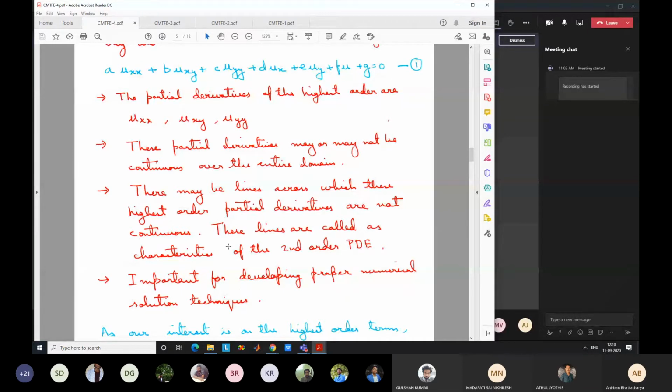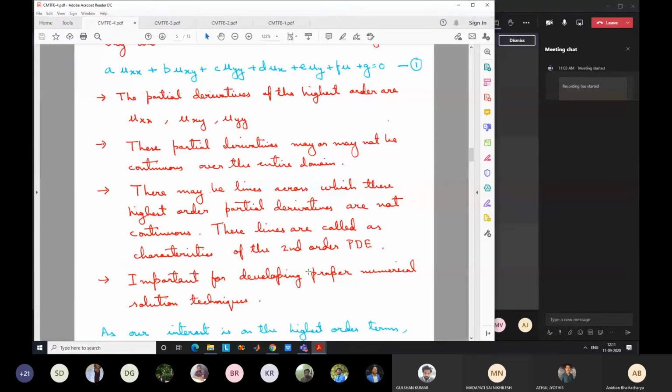The solution of the highest order derivative does not exist at those points. If we join them, these are lines where it is not continuous, and we are going to call them characteristic lines. These are very important for developing, as I was discussing, a proper numerical solution technique.